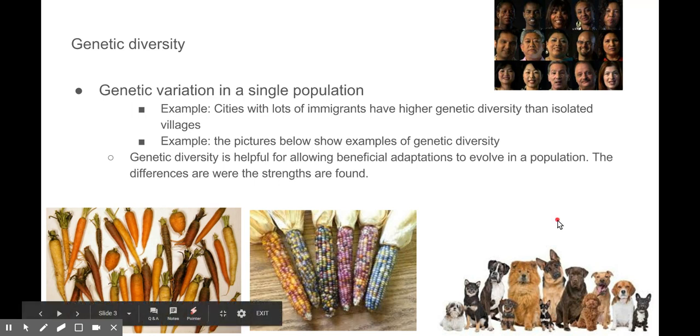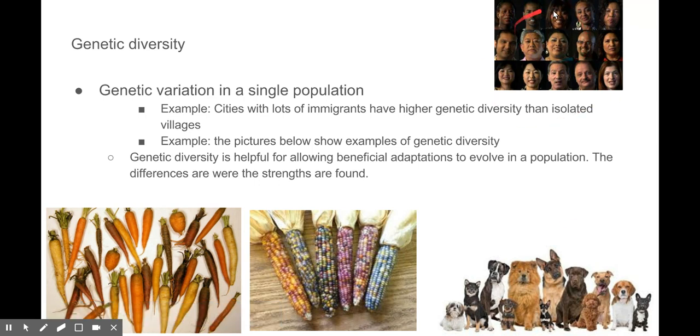Another example that I like to use is people and genetic diversity in people, which we see over here. In a small town where people don't really leave or come into or out of very often, you might get a lot of people with very similar genetics. Like all the people in Ireland, not a small town, but a relatively closed segment of the world for a very long time.